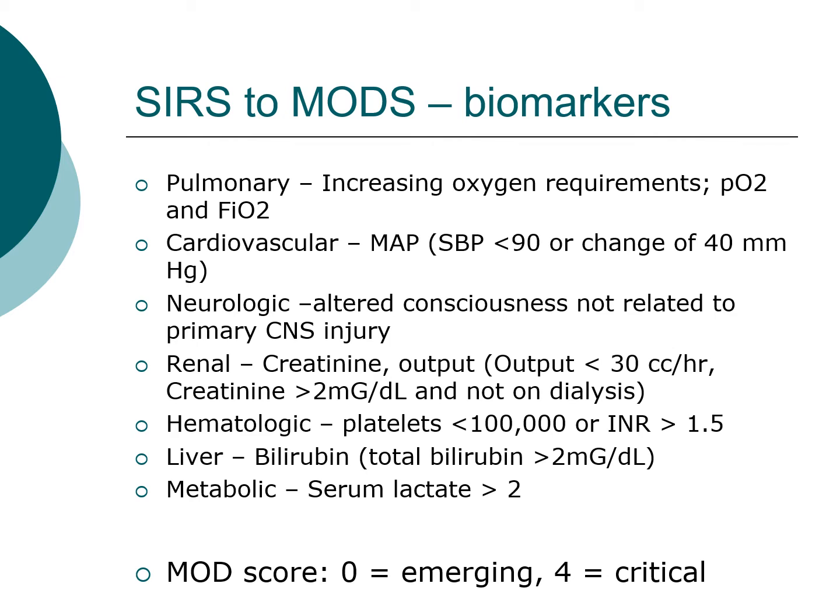There are some MOD scores from 0 is emerging to 4 critical. That's multiple organ systems. You might see that if you're going into the critical care area. So think about this. You've seen all these markers before, but when you start to see multiples, this cascading at you, that patient is in critical condition.